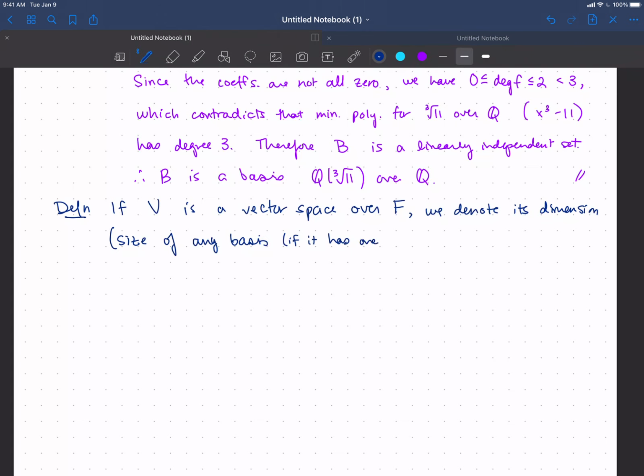We had that the basis had 3 elements in it: 1, cube root of 11, cube root of 11 squared. And coincidentally, except not actually coincidentally, because we're going to prove that this has to happen, it's the same thing as the degree of the minimum polynomial for cube root of 11.